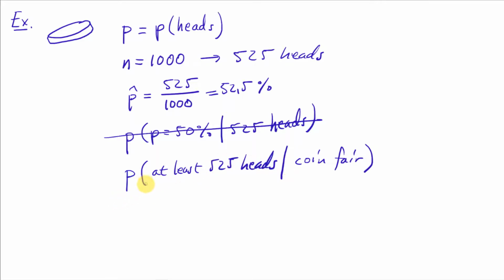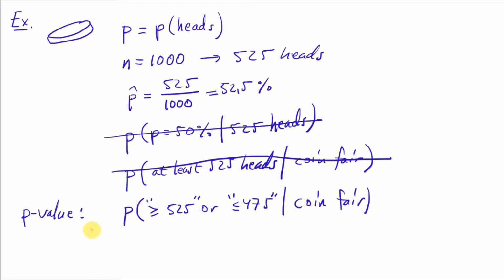However, in this case, we actually need to take into consideration that instead of getting 25 more heads than 500, we could also get 25 heads fewer. So in this case, the p-value is actually this one. That is the probability for having at least 525 heads or at most 475 heads, given that the coin is fair.